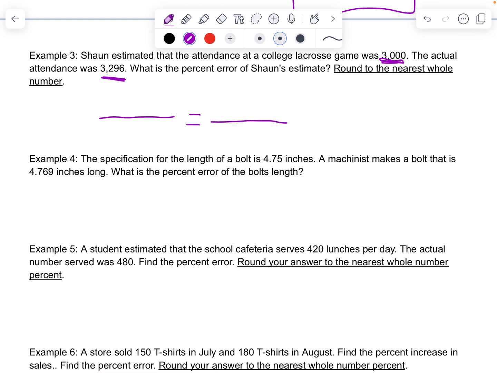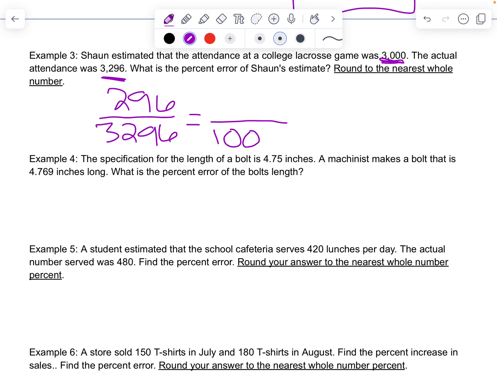So the change from 3,000 to 3,296, you're subtracting them, and you get 296. And then the bottom for percent error is the correct amount. So the correct amount, the actual amount of people in attendance, was 3,296.